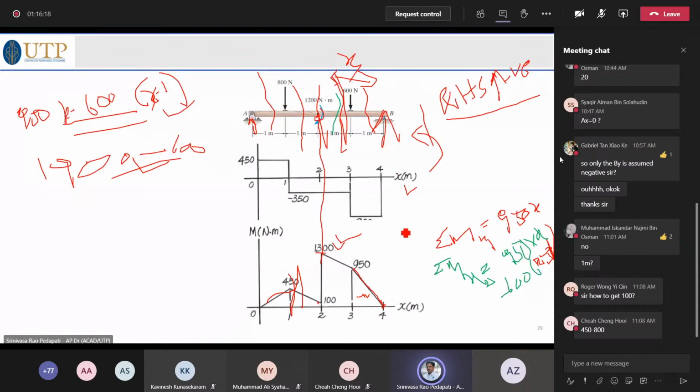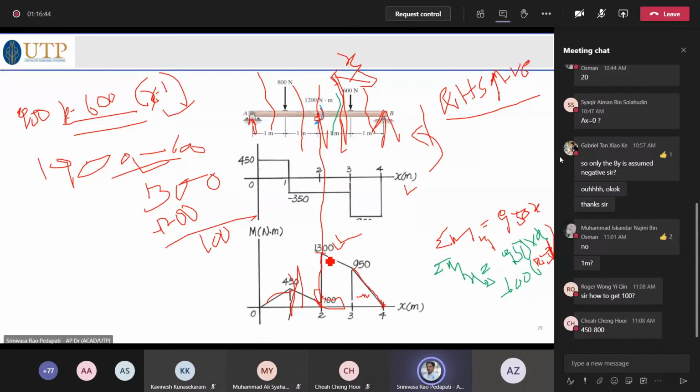So 1300 is the anti-clockwise moment obtained due to the forces. But the applied moment is minus 1200, that is clockwise. Therefore the net is 100. That is how 100 is obtained. That means from 1300 at the same point it falls down to 100.